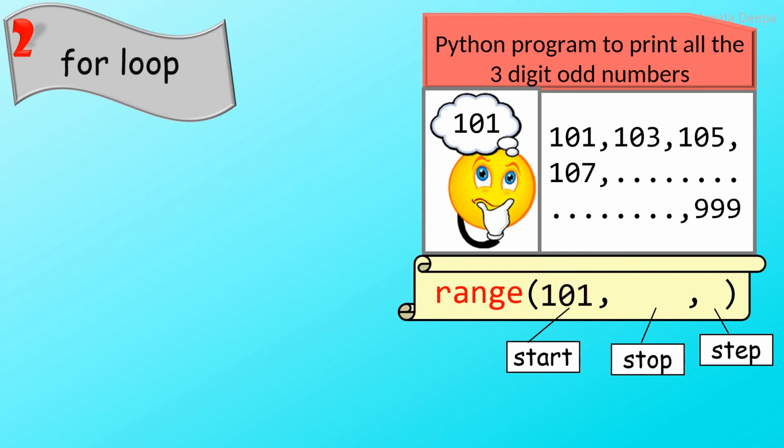The step value should be 2 because we need odd numbers. The stop value should be 1000, because then only the range function will generate up to stop minus 1, which is 999.